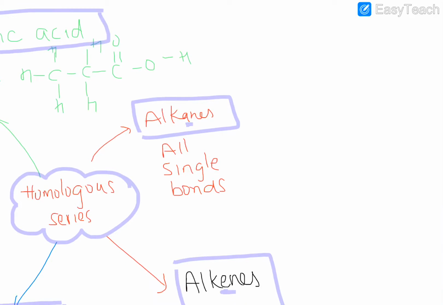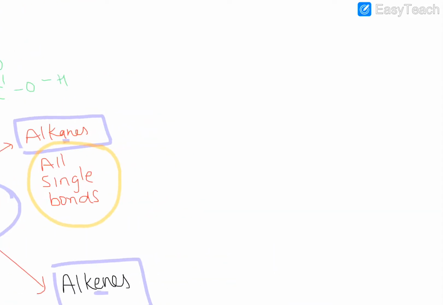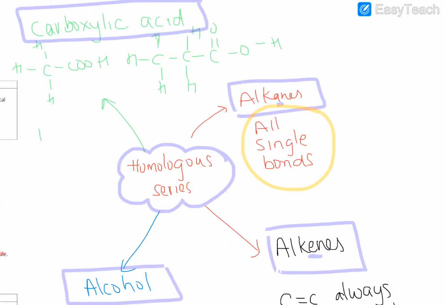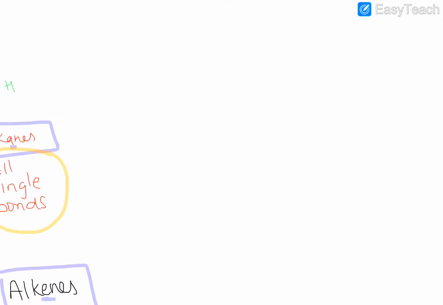Now, in the alkane family, they have something in common. It means that there are all single bonds. Usually, there is a hydrocarbon. So in hydrocarbons, there's going to be C and H only.